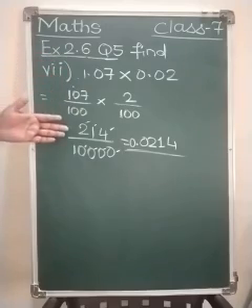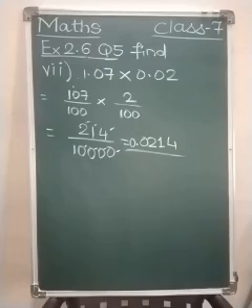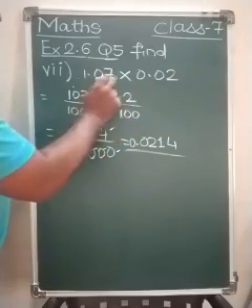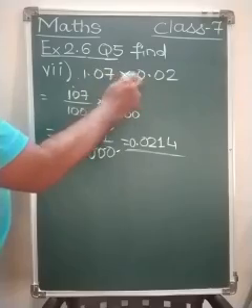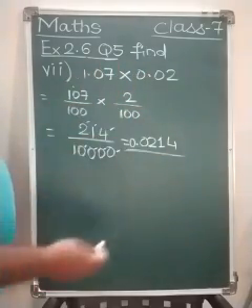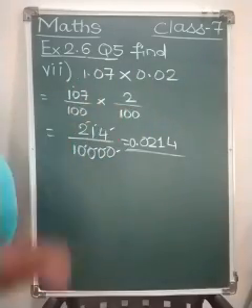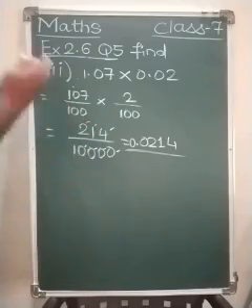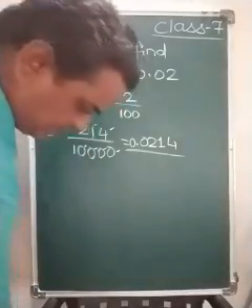Only second step and third step. In 3 steps we get the answer. Now just imagine if you would do this in the conventional way. First multiply by 2, then multiply by 0, then multiply by 0, and then add it up, and then find out the answer, then decide the decimal place. So this is saving our time somewhere or the other. Okay, so easy sums.